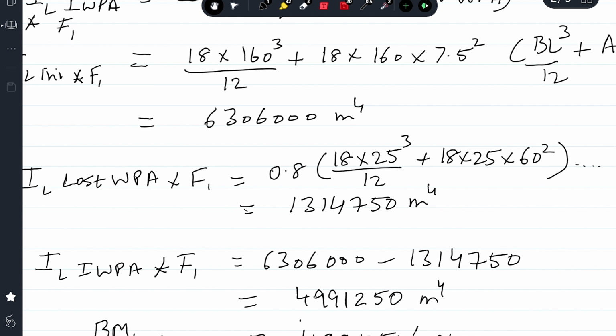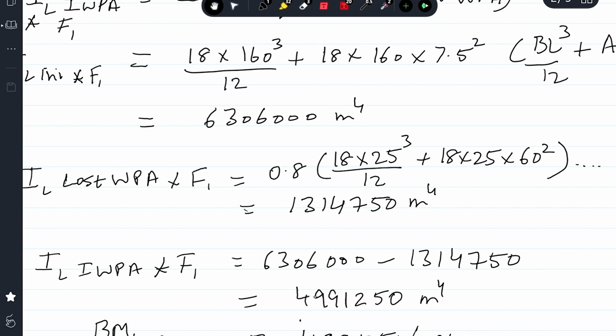Here BL cube upon 12 uses breadth of the hole 18 and length of the hole 25, area 18 into 25, and D square, as we saw, D is the distance between the centroid of the water plane area lost and the new center of rotation, F1.